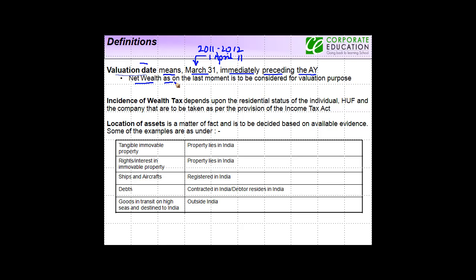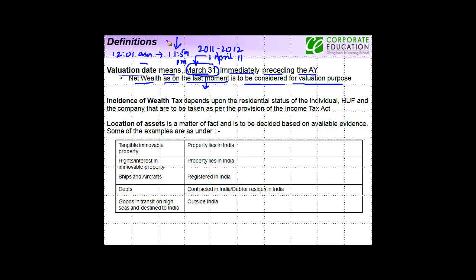Now, net wealth as on the last moment is to be considered for valuation purposes. What does this mean? 31st March will itself comprise from 12:01 AM until 11:59 PM. So it's the last moment at which you will be considering whether the person is the owner of the asset or not, to see whether this particular thing is chargeable to wealth tax or not.